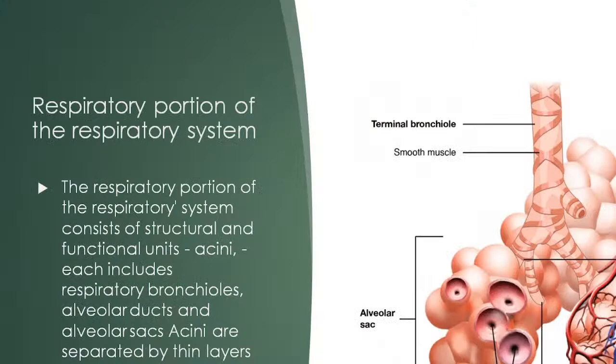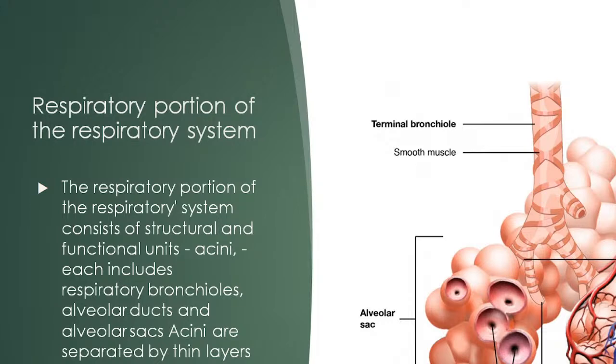The next portion is the respiratory portion of the respiratory system. It consists of special structural and functional units, acini.